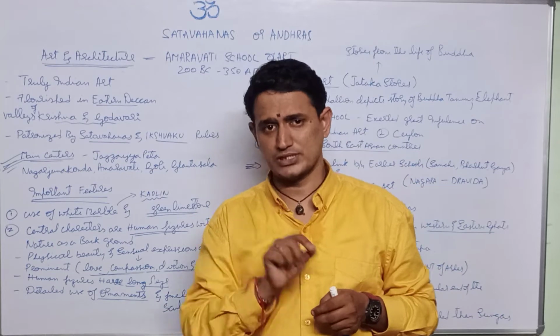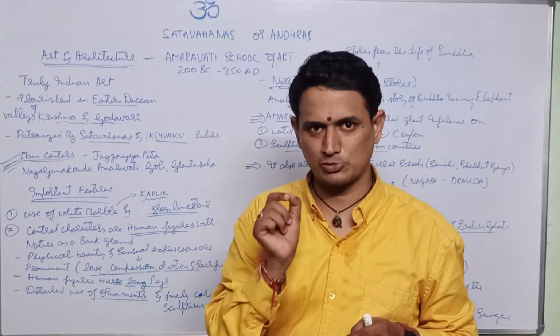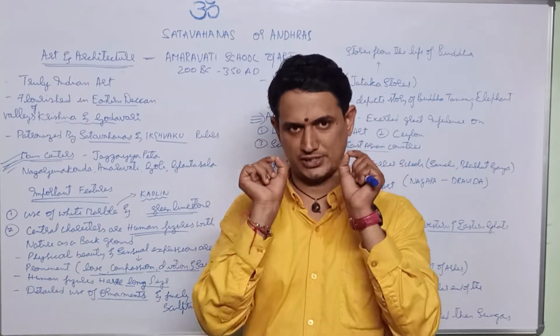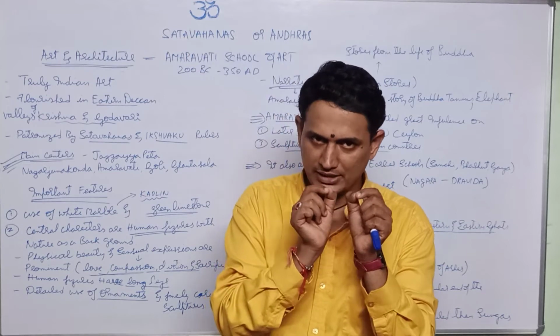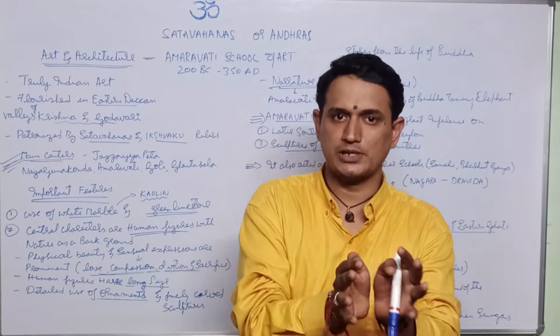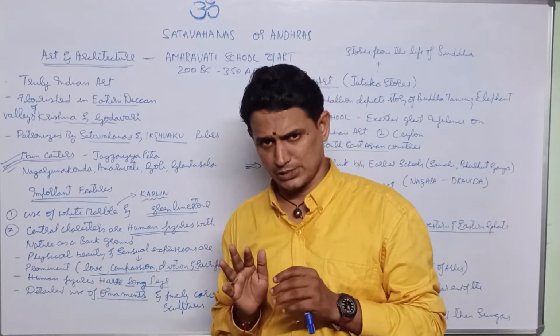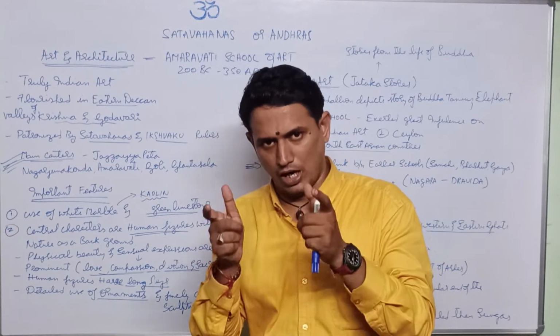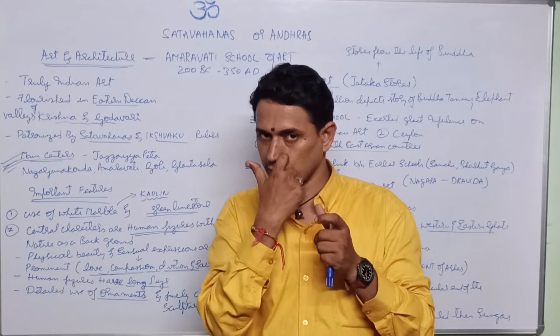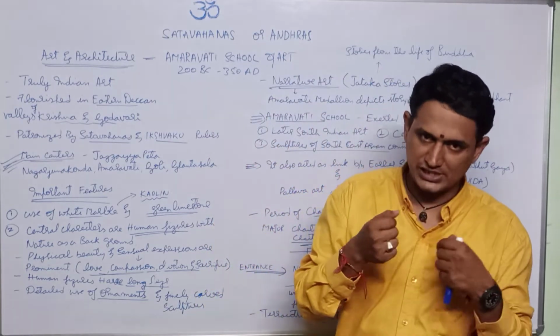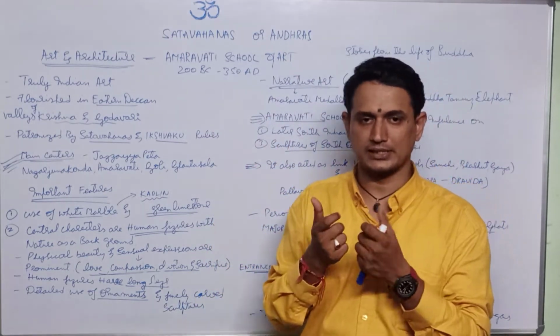Another most important aspect of this school of art was ornamentation, right? Ornamentation was given utmost importance in this school of art, especially in terms of ornamentation of humans, using chains, bracelets and other things, right?